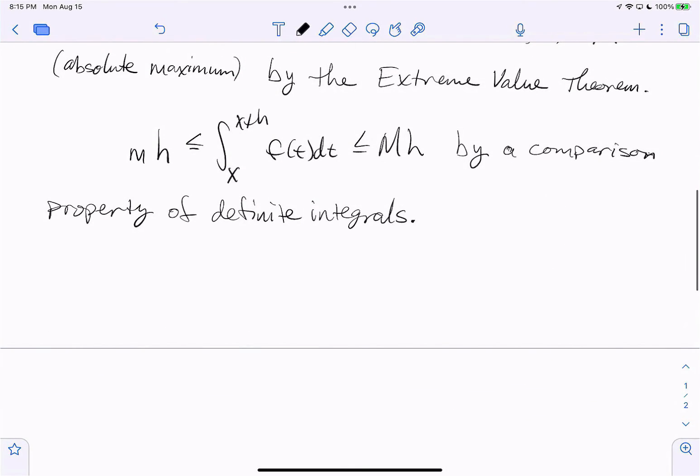Now, remember that a derivative is a quotient, right? That g of x plus h minus g of x is going to be divided by h, and guess what? Here, we're going to divide by h.